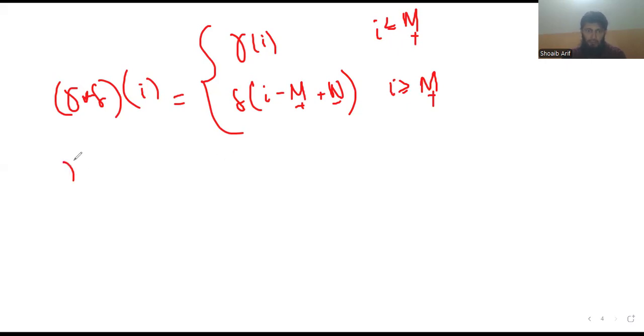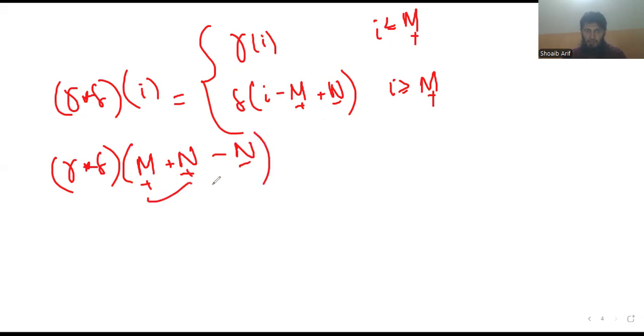What will we substitute in the place of I? We substitute this, m plus plus n plus minus n minus.